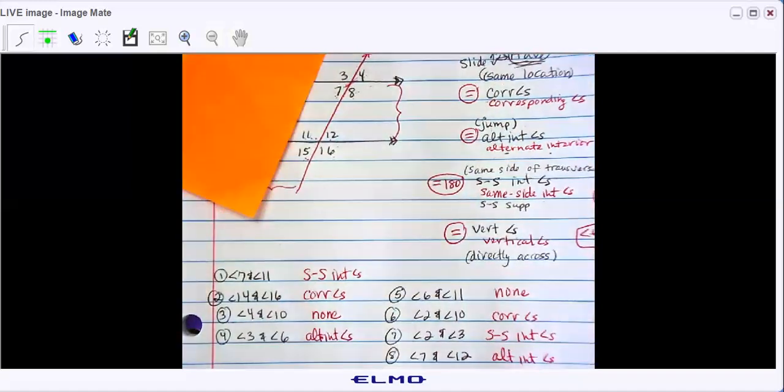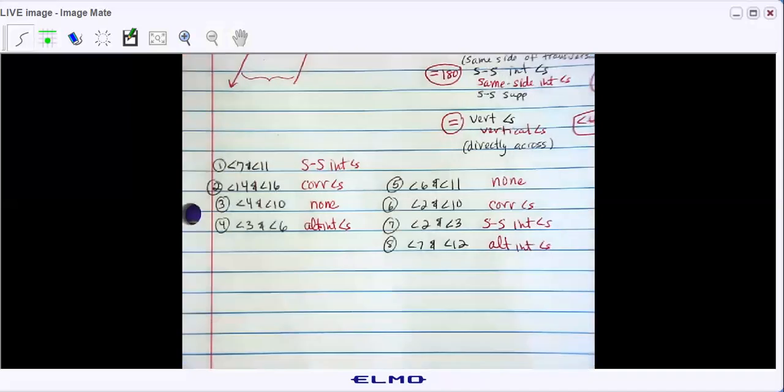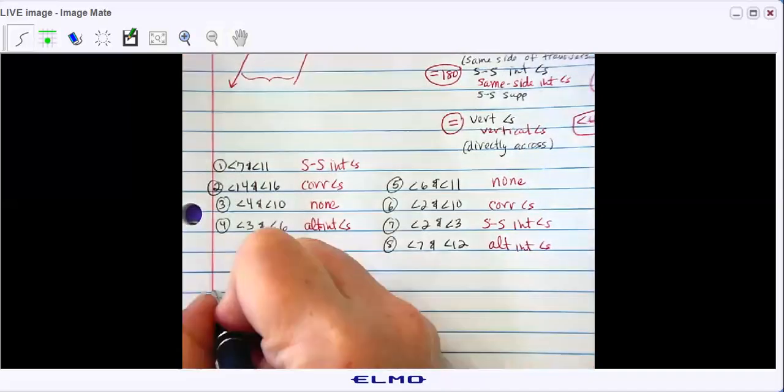Okay. I know that was a little painful because we're practicing. We're still kind of unsure right now, but it does get a little bit easier as you practice. Okay. So right now we're going to draw another set of two parallel lines. And we're going to do something a little bit different.